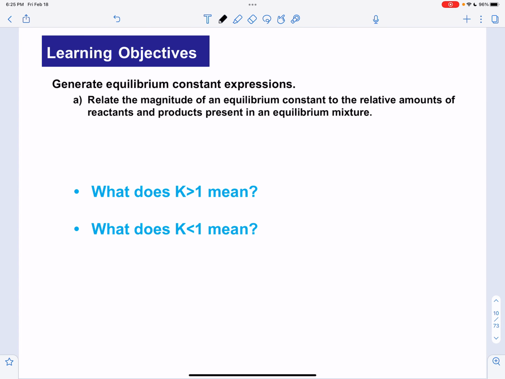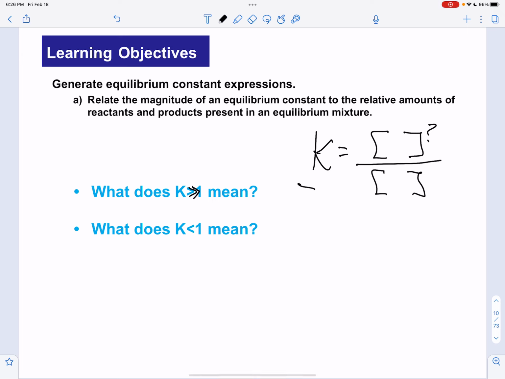So a new concept. How can we relate the magnitude of an equilibrium constant to the relative amount of reactants and products? What does that mean? What if I get an equilibrium constant that is bigger? And I'm not talking just bigger, I'm talking a lot bigger than 1. Well, let's think about it. The K is the concentration of the products over the concentration of the reactants.